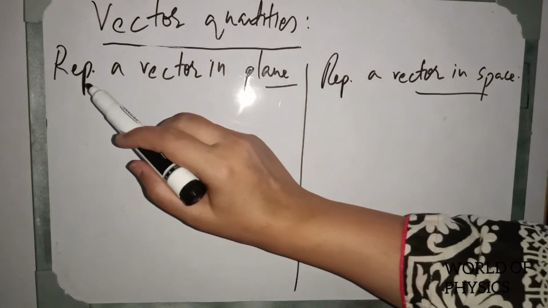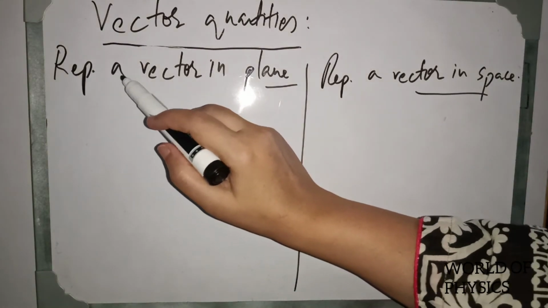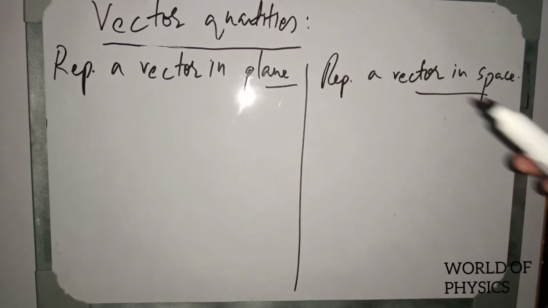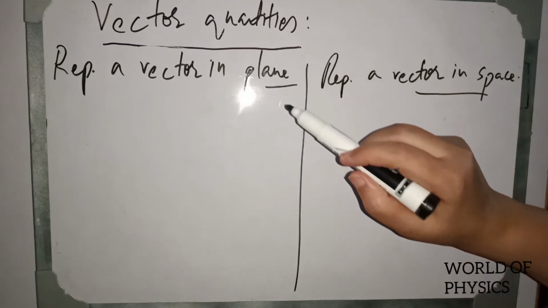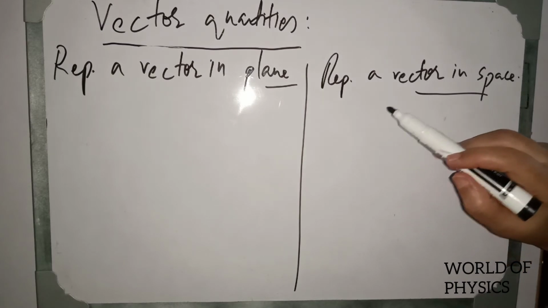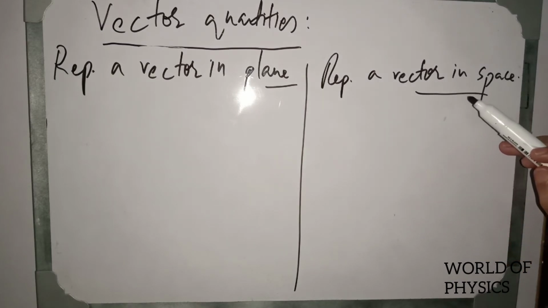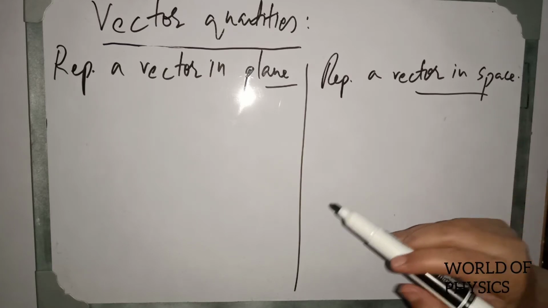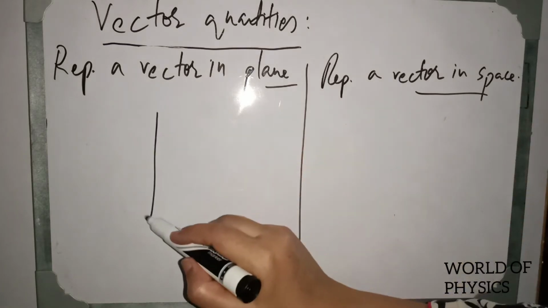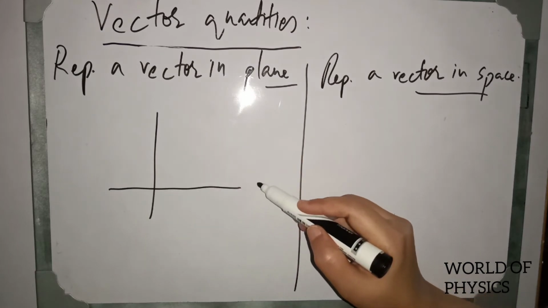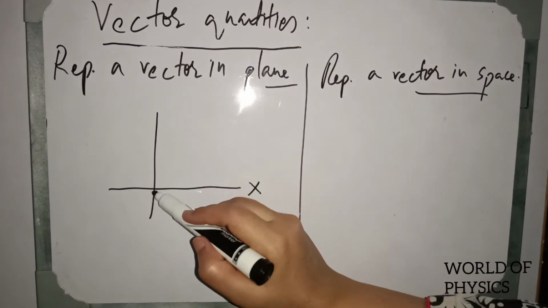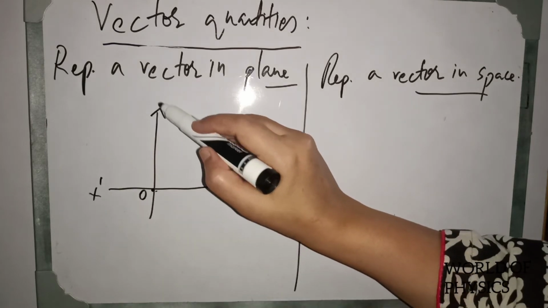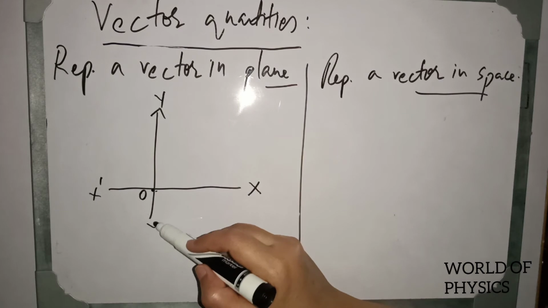Now we are going to discuss representation of a vector in plane as well as representation of a vector in space. How a vector is represented in plane and how it is represented in space. To represent a vector in plane, that is two-dimensional, two mutually perpendicular lines are drawn like this one and this one. This is horizontal axis x, o, x prime, and this is vertical axis y, o, y prime.